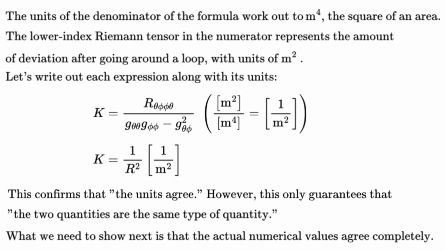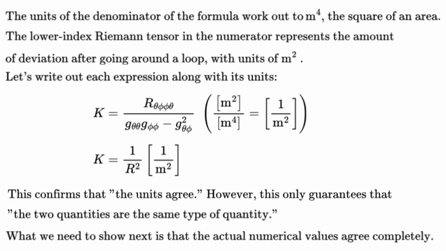The units of the denominator of the formula work out to meters to the fourth, the square of an area. The lower index Riemann tensor in the numerator represents the amount of deviation after going around a loop, with units of meters squared. Let's write out each expression along with its units. This confirms that the units agree.